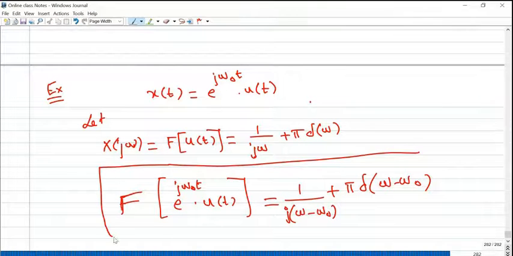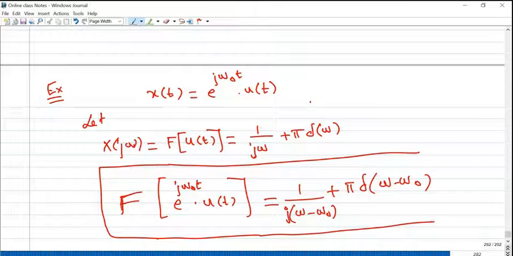If we know the Fourier transform of a particular signal, we can use this property directly.